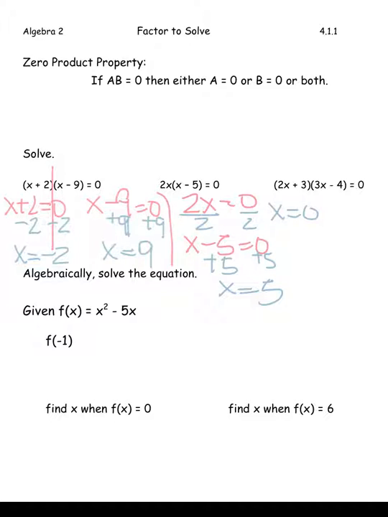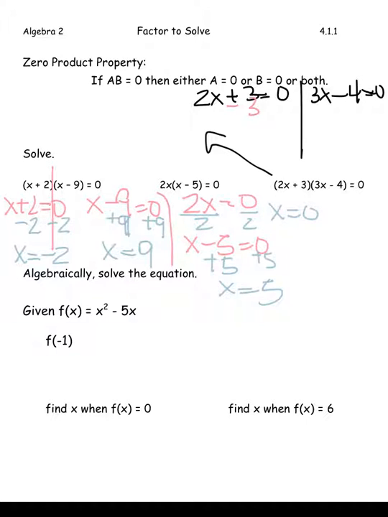For the last one, I've run out of space, so let me put it up here. So again, two things. 2x plus 3 times 3x minus 4 equals 0. So either 2x plus 3 equals 0 or 3x minus 4 equals 0, or maybe both.